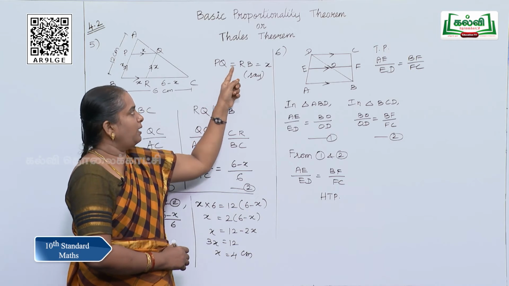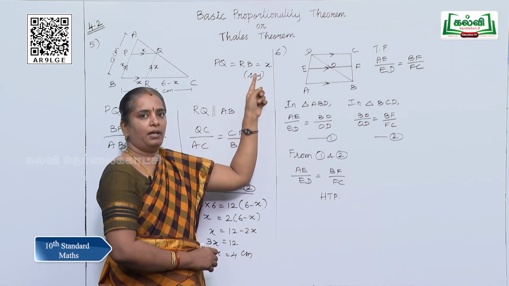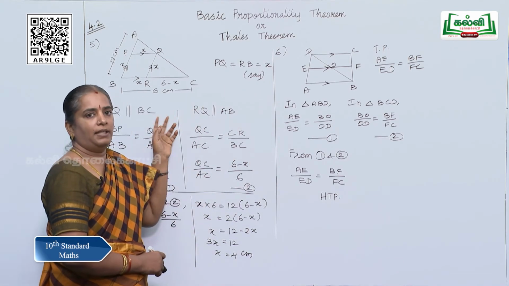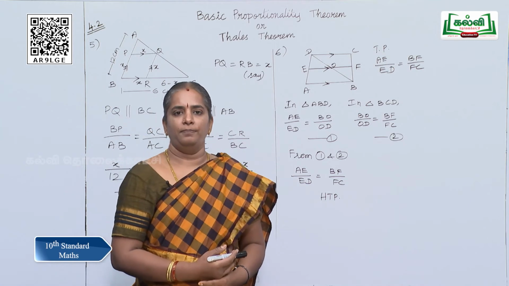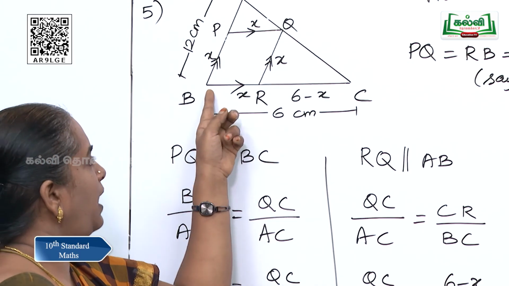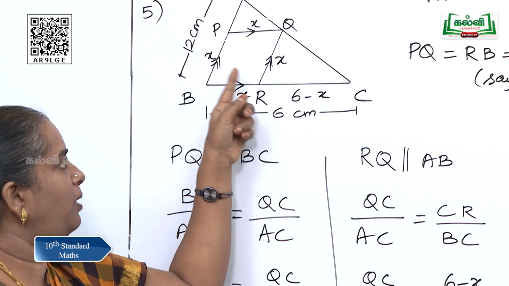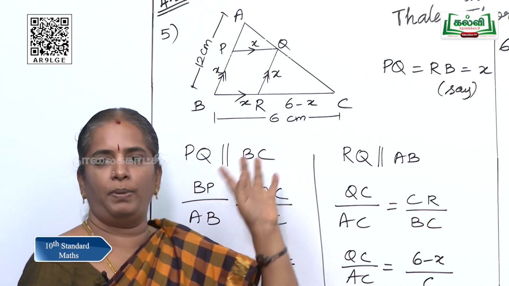Since PQ and RB are equal, let us name them as X centimeter, for example. One more property of a rhombus is that opposite sides are parallel. So, the opposite sides PQ and BR are parallel, and the other pair of opposite sides RQ and BP are also parallel.